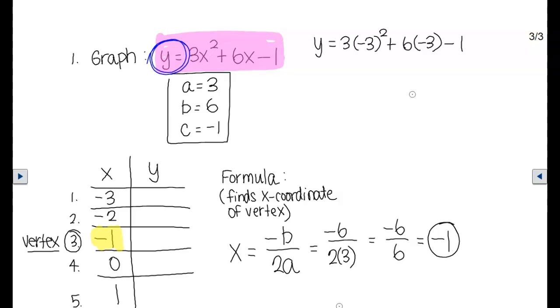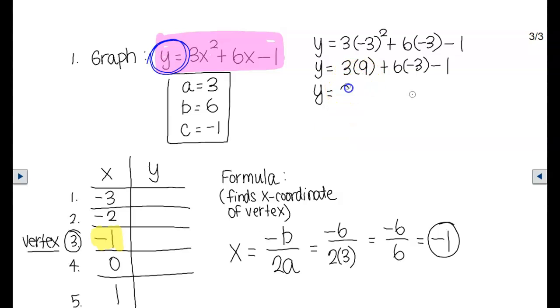Now, you all know that first we would need to follow the order of operations here. So we would do this exponent first. Negative 3 squared is 9, so I would have 3 times 9 plus 6 times negative 3 minus 1. All right, next up I can go through and do my multiplication.